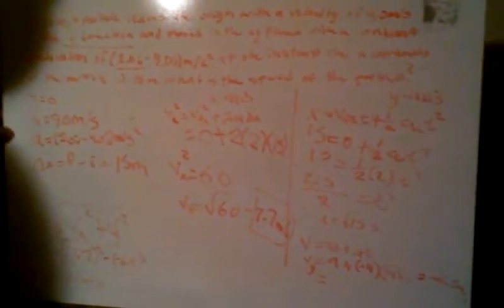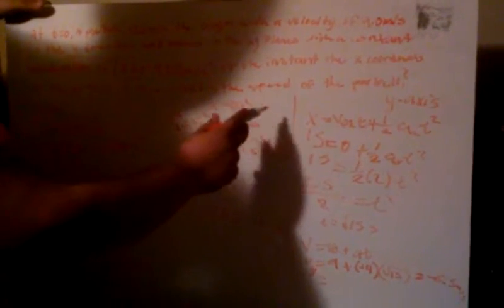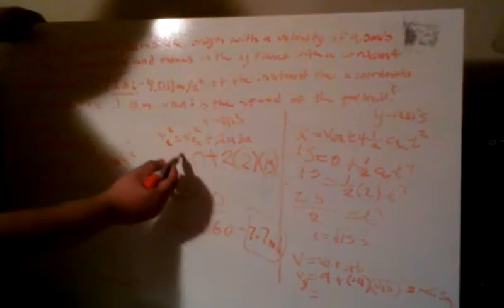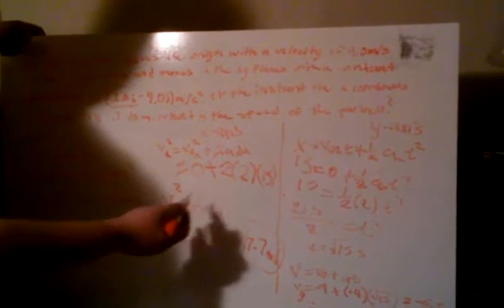So we first labeled all the variables, and then we started with the x-axis. So we knew v squared is equal to v naught squared plus 2a delta x. So we plug in our variables.